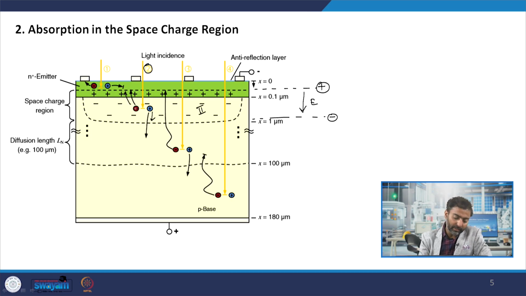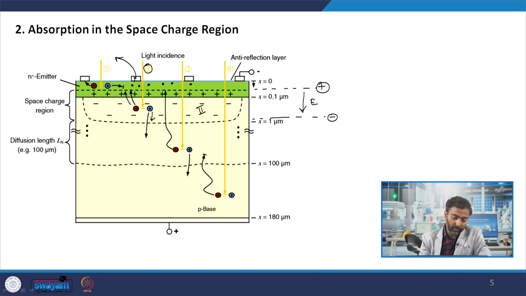So my electron gets attracted to the positive plate and it goes to the n plus emitter. In the n plus emitter, as we already mentioned, there are a lot of excess electrons. One more excess electron comes, no problem, it will not recombine, since electrons are already the majority charge carriers, so it can easily travel through this, gets collected through the fingers or the current collectors on the top surface, and goes to the external circuit.